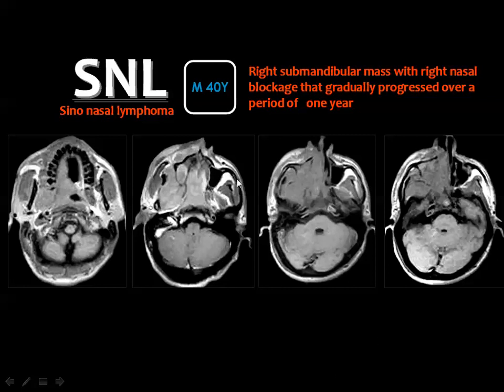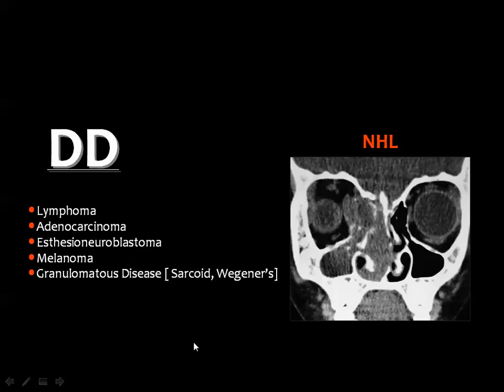Another example of sinonasal lymphoma affecting part of the oropharynx, the pterygoid muscles, the infratemporal fossa, the maxillary sinus, the nasal bone, and extending as well into the sphenoid sinus.